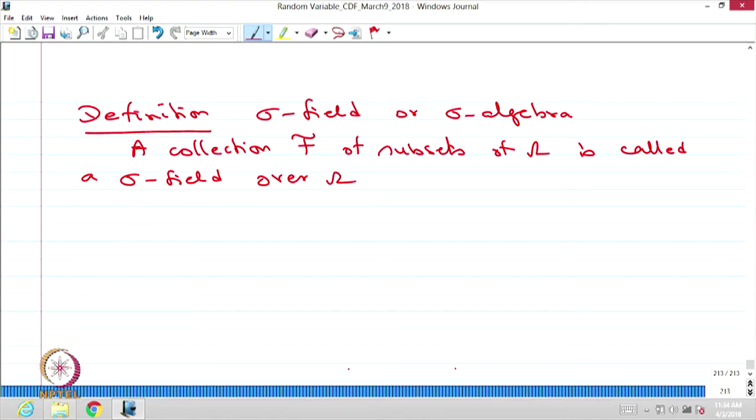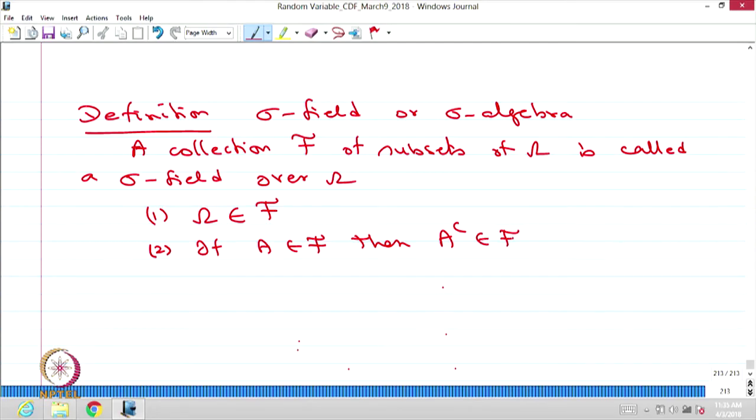Omega is a non-empty set, such that, first, omega belongs to F. Second, if A belongs to F, then A complement also belongs to F.